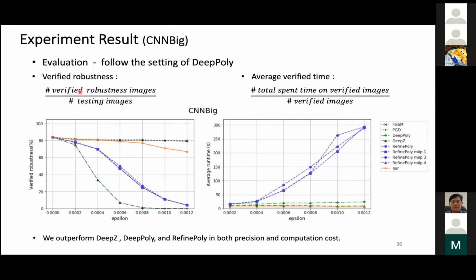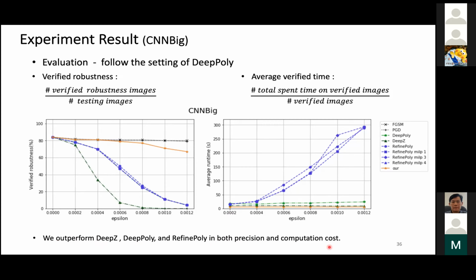So here is the result for the CNN big. And we also use the two evaluation metrics here. The left figure is the precision of the verified lower bound, and we can see that the orange line is close to the black line, and we also cost less time on the verification here. So in this experiment, we can conclude that we outperform DeepPoly and RefinePoly in both precision and computation cost.